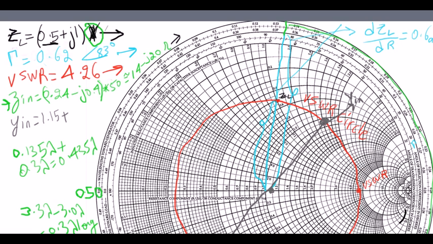The circle is a bit thick, so we can assume 1.7, so j1.7.